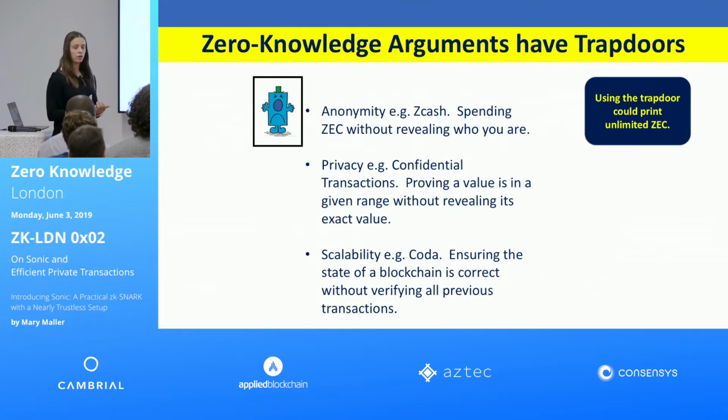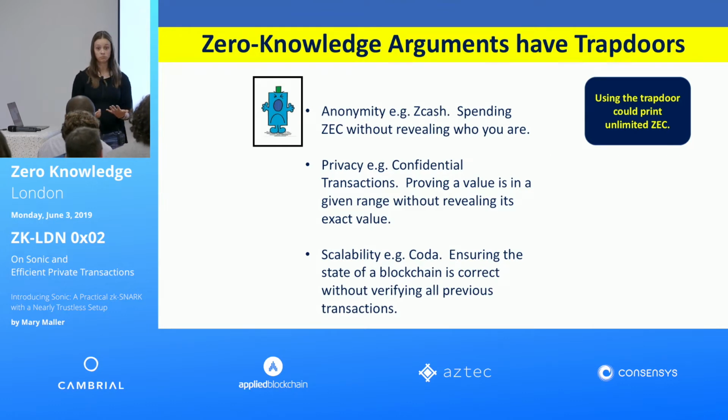It doesn't affect privacy so much, because you still get full privacy. A verifier that knows a trapdoor doesn't learn any information about a prover most of the time, but a prover who is malicious might now be able to convince an honest verifier. So if you're talking Zcash, you might be able to spend Zcash that you don't actually own.